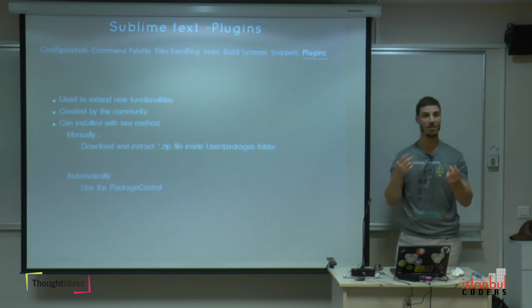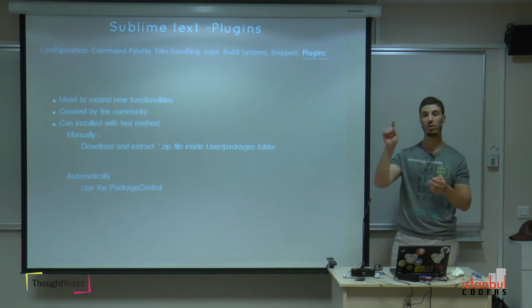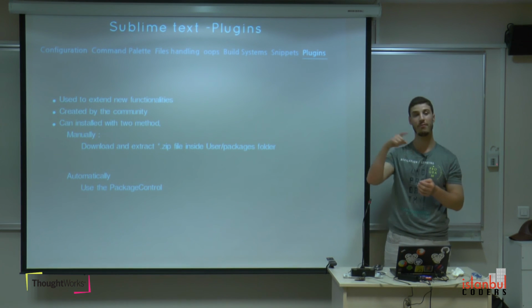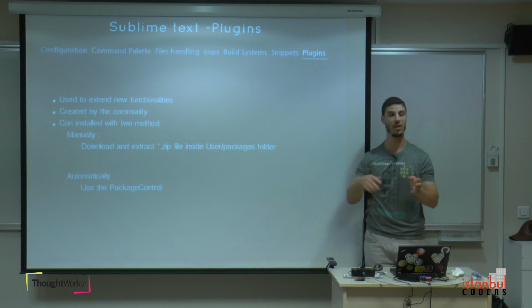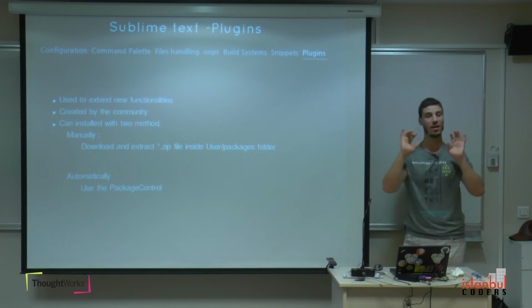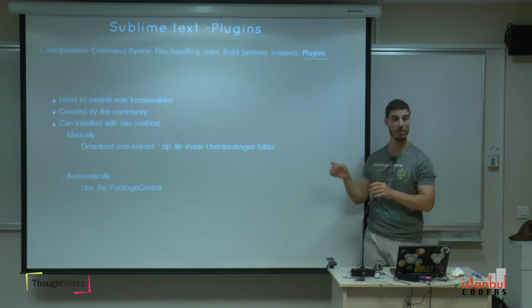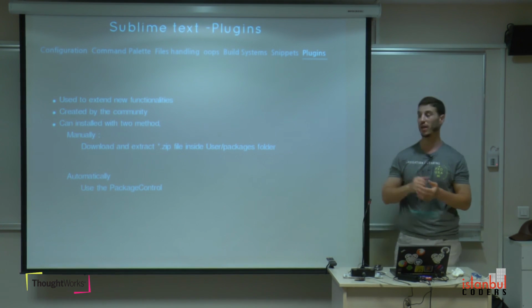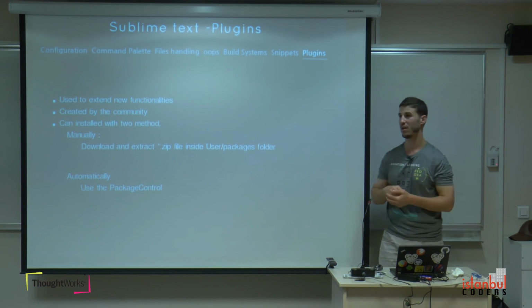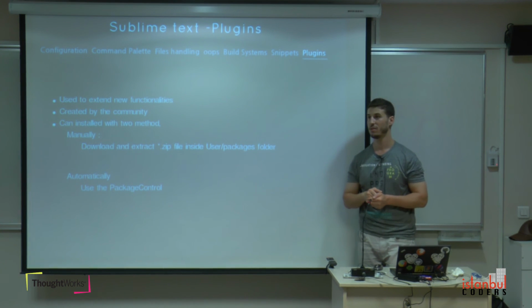You can install them, as they tell us, in two ways. The manual way, where you download the zip file and extract it to your directory. And the automatic way, where you just fire the Command Palette, search for the package name, then get it. Do you have an internet connection here?